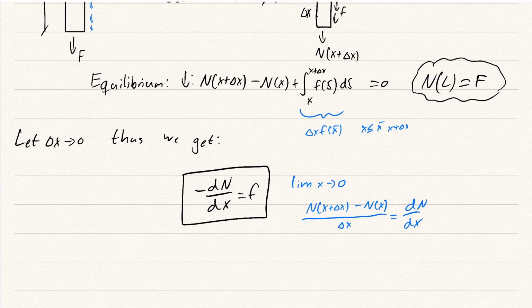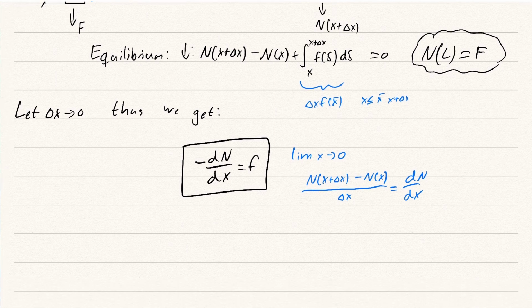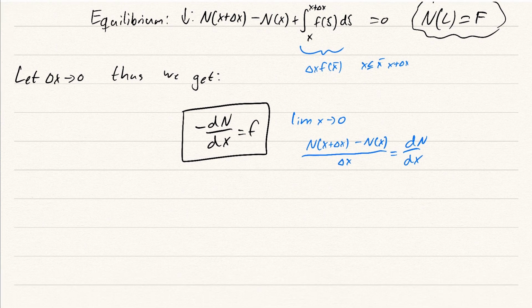And if we just flip things around to have f on the proper side, then we have negative dn dx is equal to f. And that's how we want it. Right, so that's our equilibrium equation for the derivative of the forces.